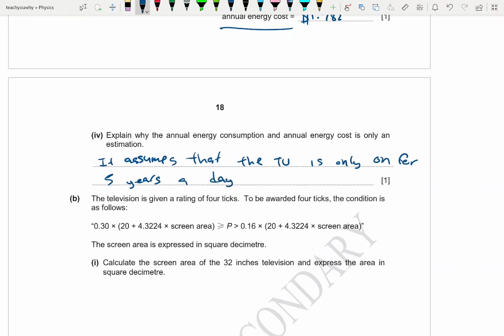Realistically, sometimes people turn it on 10 hours, 20 hours, maybe they don't even switch off their TV. So this is an estimate. It's really not exact because we wouldn't know. Some people may not even turn on a TV in a day. So 5 hours is only an estimate to represent a general population usage.